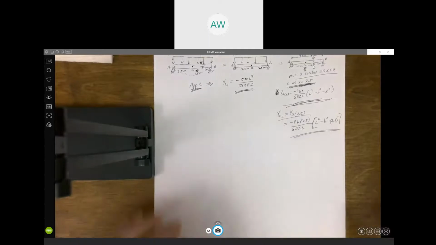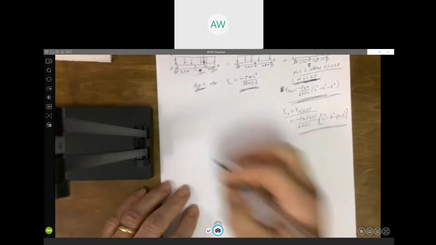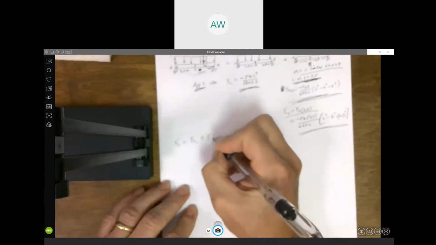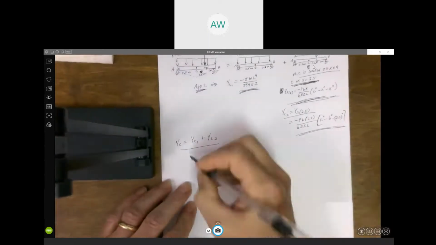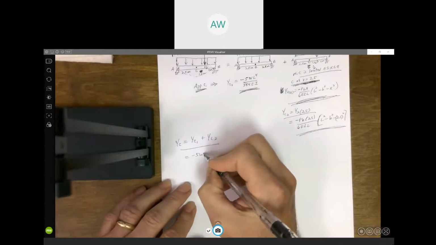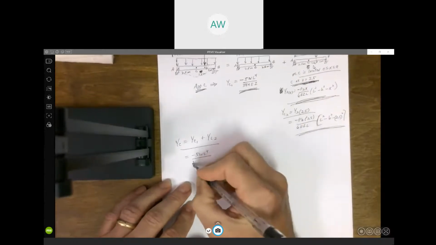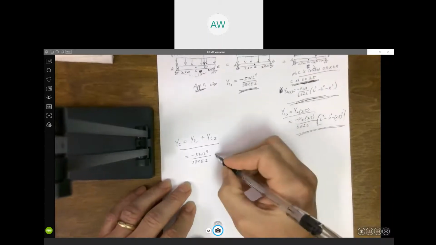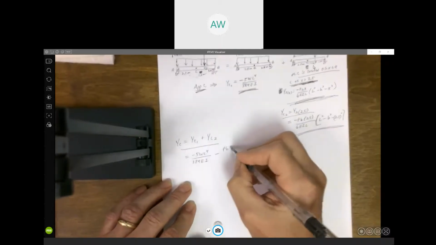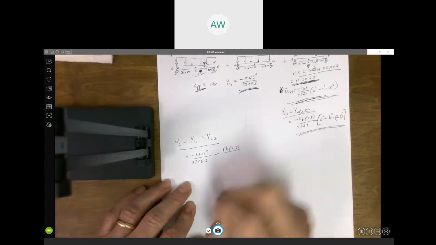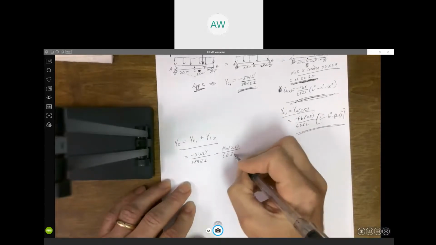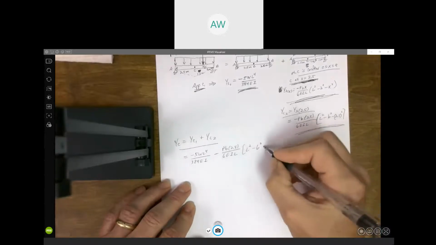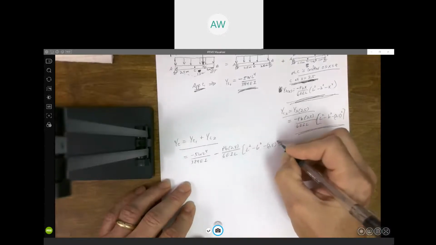All right, so now it's just a matter of, let's plug in the numbers. So to get the deflection at C, we just add those two together. Right, so we got minus 5 WL to the fourth over 384 EI. And then we got minus PB times 2.5 over 6 EIL times L squared minus B squared minus 2.5 squared.